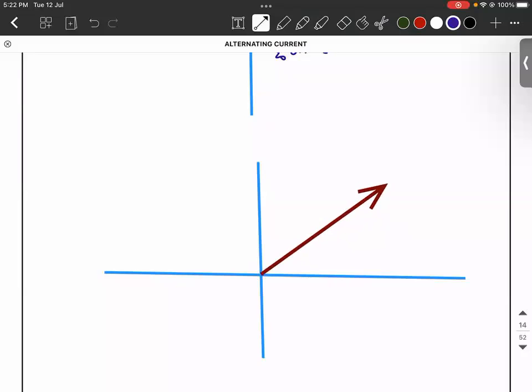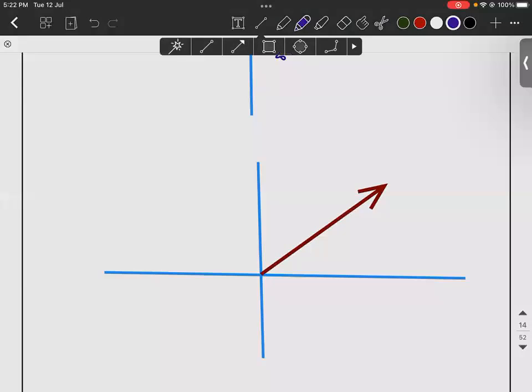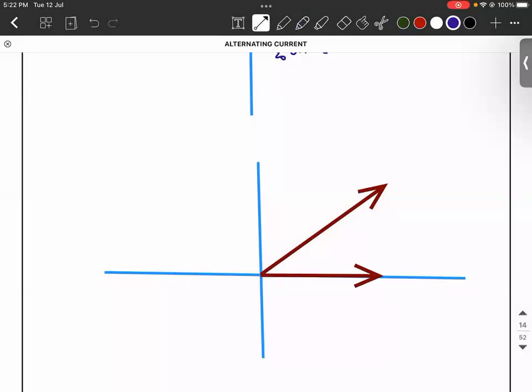If this is E naught, for example, then I can think of another vector which is also revolving in the same anti-clockwise direction. If I say this angle is omega t, I'll say this angle is omega t plus phi. Then how much will this angle be?